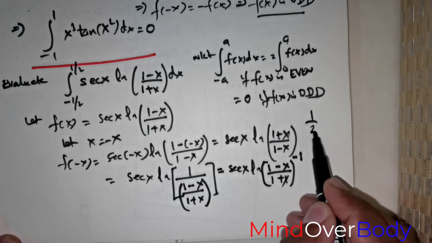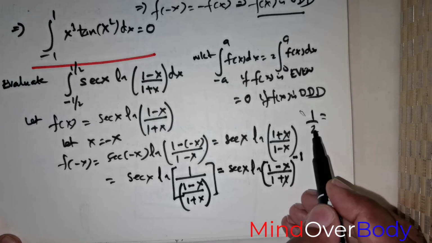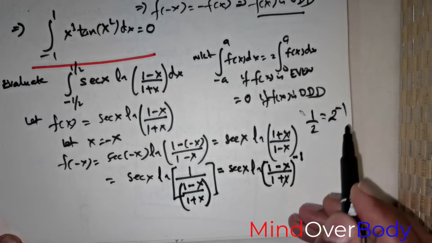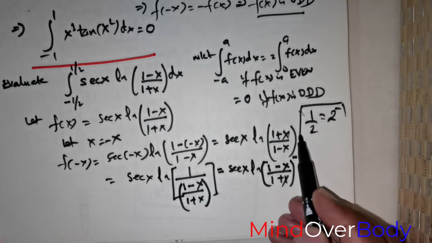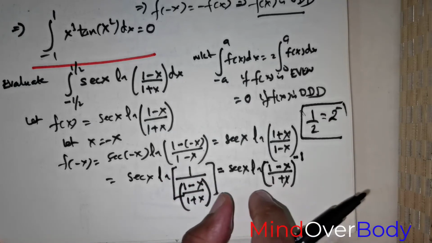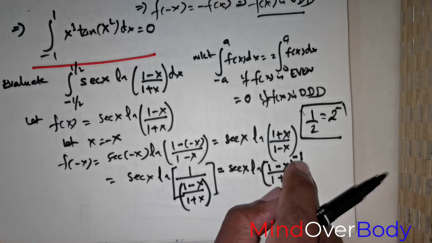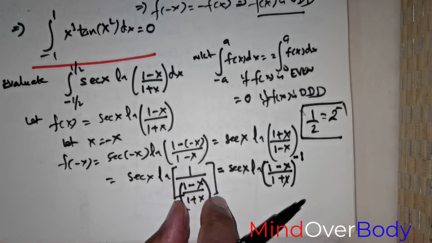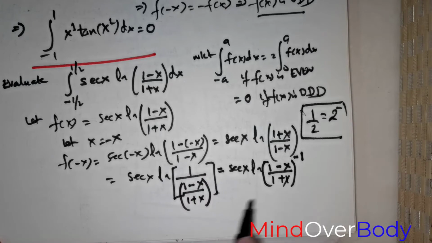Because I have 1 over 2 here. If I want to take this 2 to the numerator, this is going to be 2 raised to the power of negative 1. I am using the same concept here. So 1 over this quantity is written as ln of the quantity raised to the power of negative 1. So I am just moving it up, and the exponent becomes negative 1.